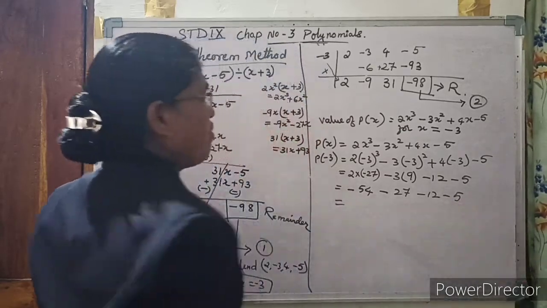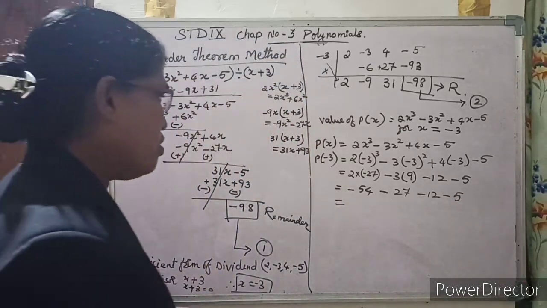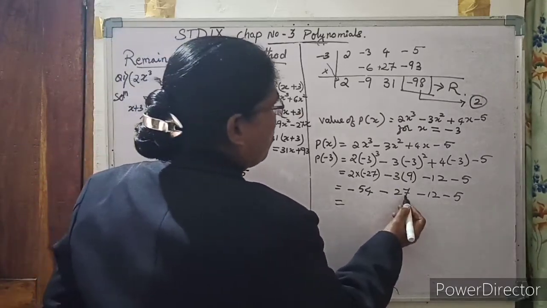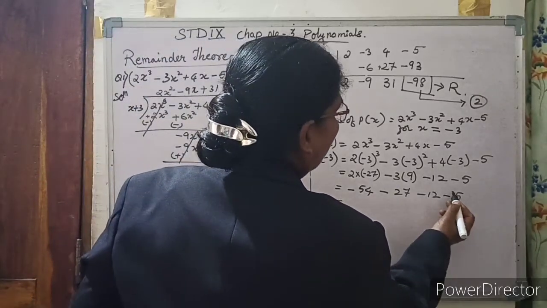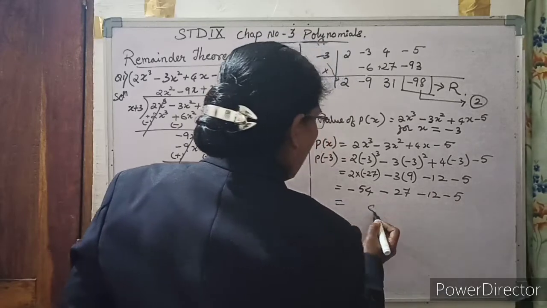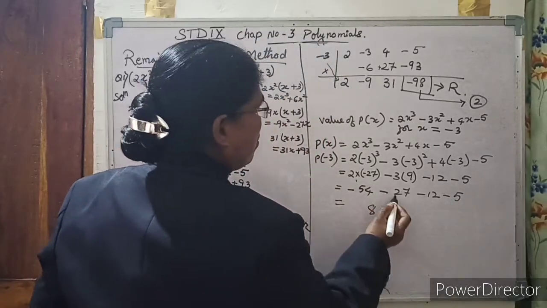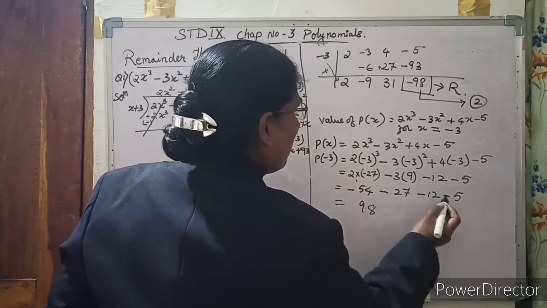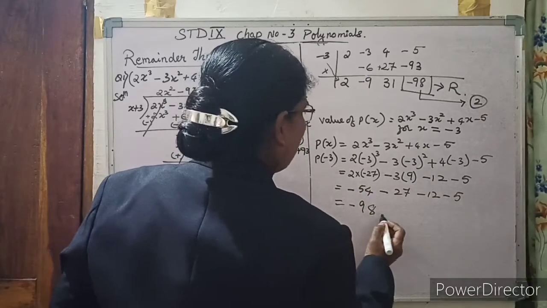Now all the numbers have the same sign, so add and put the same sign. 4 plus 7 is 11, 12, 13 up to 18, carry 1, up to 98. So add and put the same sign, minus 98.